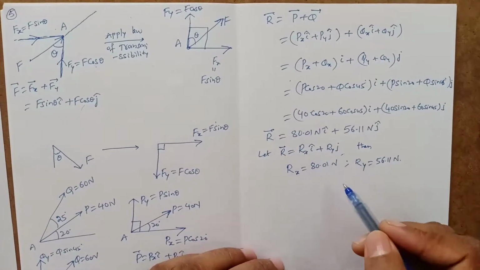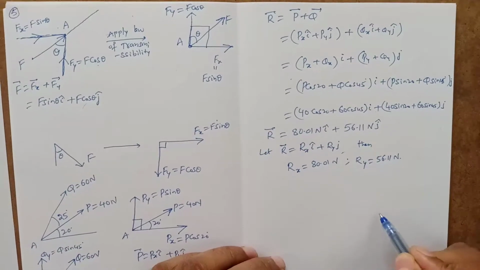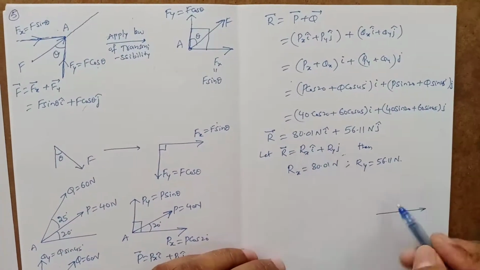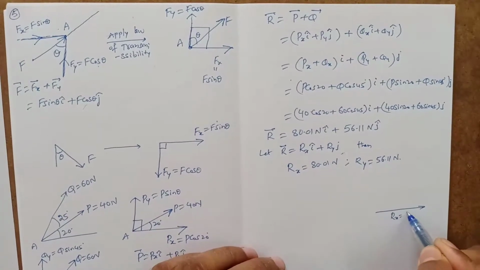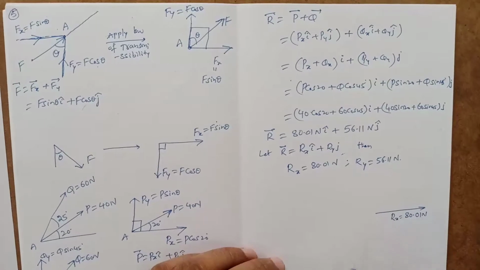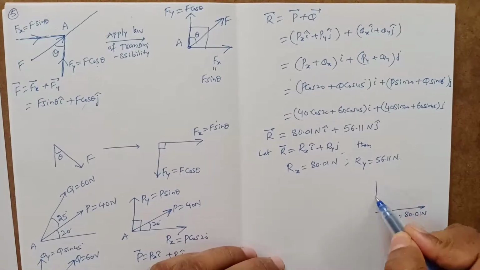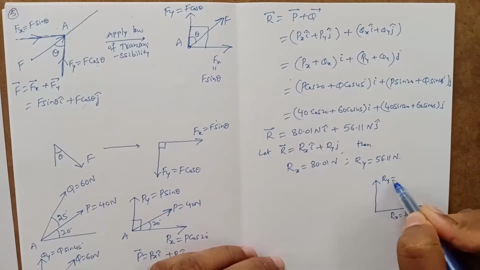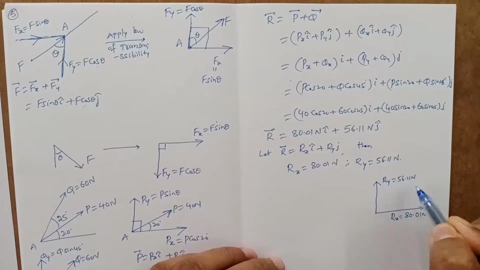The same thing we can show graphically. So this is Rx, because we have a positive value, it is along the positive x axis, 80.01 Newton, and Ry also we got a plus value, so it is in the positive y direction. Ry is equal to 56.11 Newton.